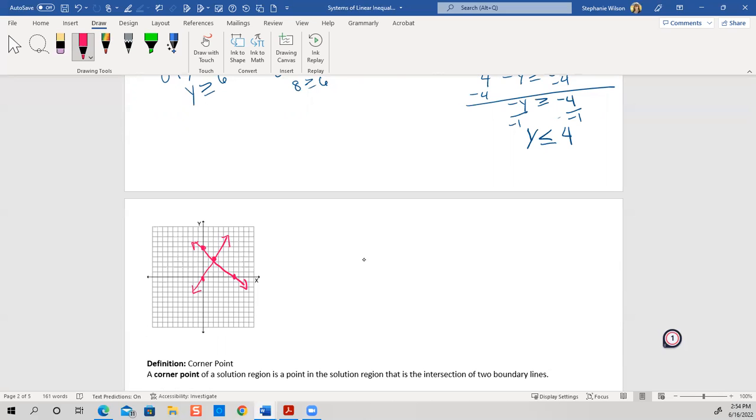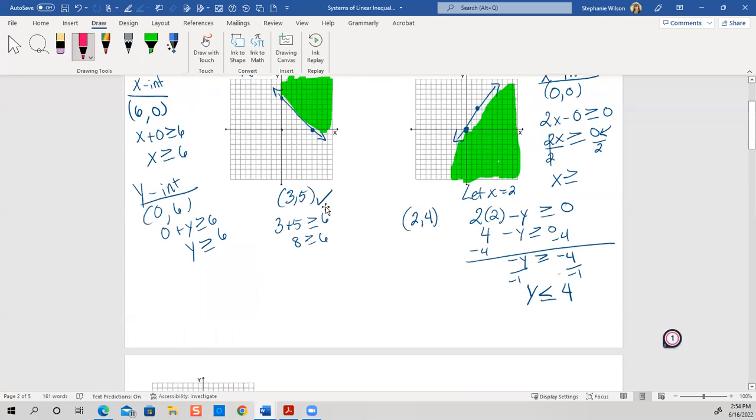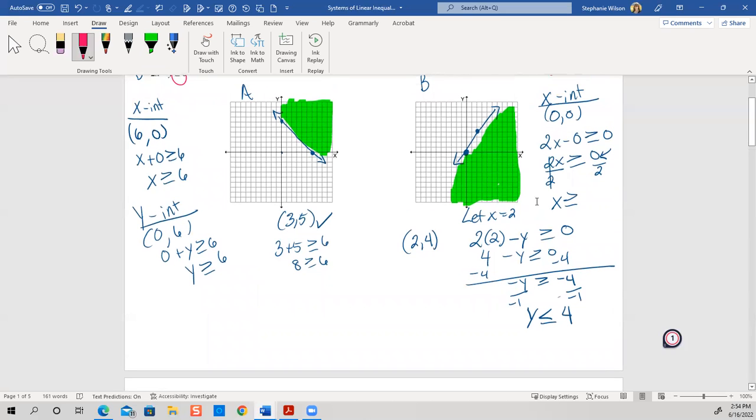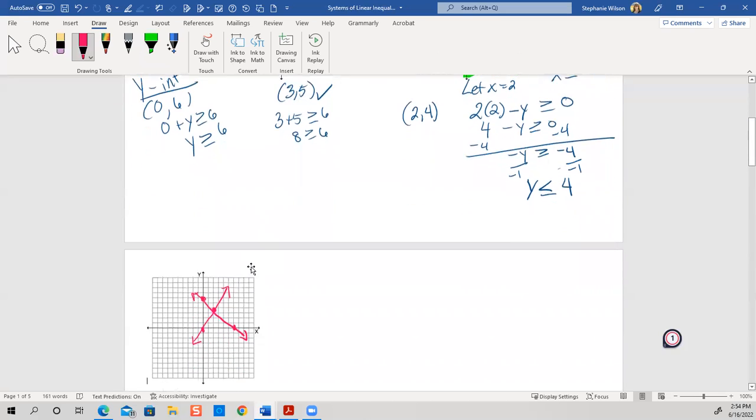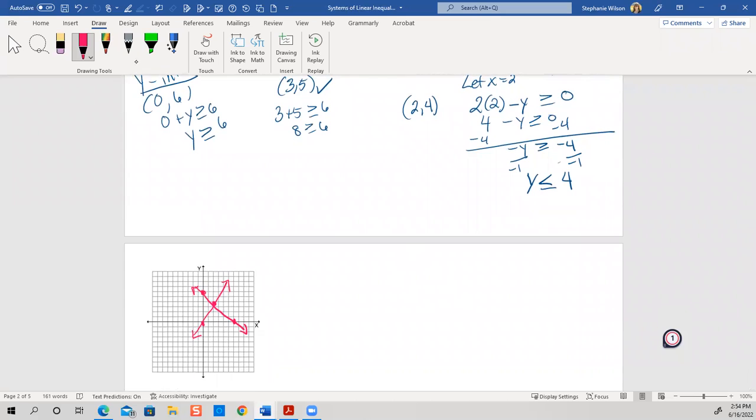Now we said for A, everything in that right-hand corner, and B was that right-hand corner down. So what's going to be true for both lines is going to be right here, just this particular point, these points. So that's where we shade on that one.